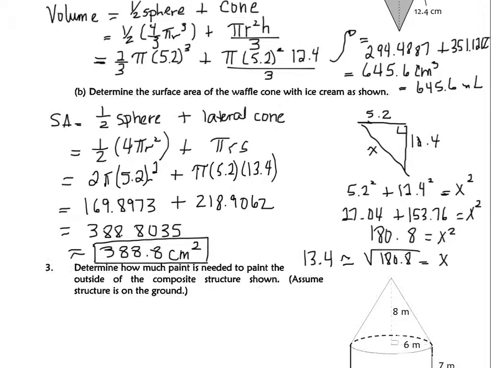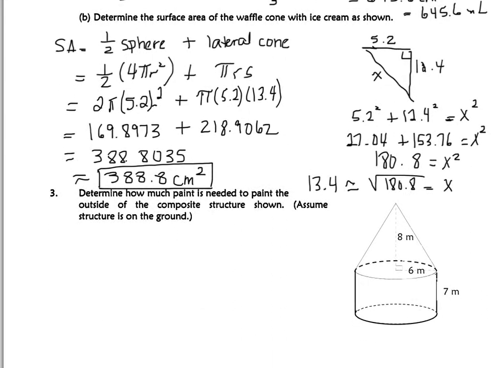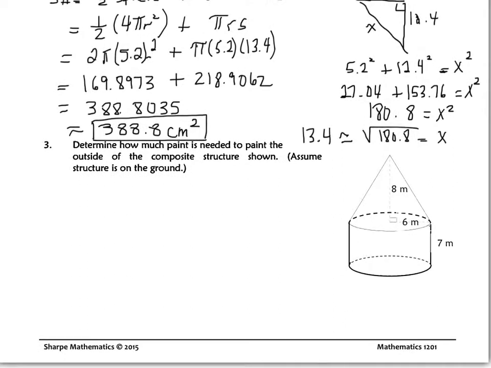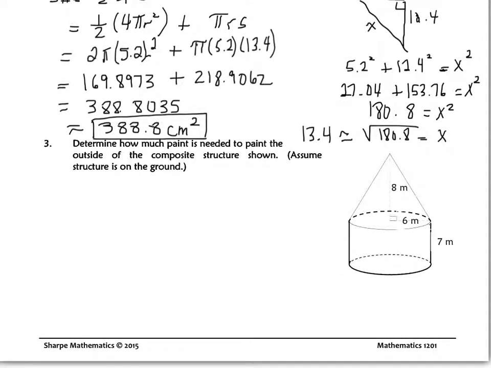Okay, the next question says determine how much paint is needed to paint the outside of the composite structure shown, and assume the structure is on the ground. So that would mean there'd be no bottom in it. If we're looking for the paint, we would need surface area again, because we're talking about the outside surface you'd be painting. So that would be the lateral part of the cone, so I'm just going to write down lateral cone.